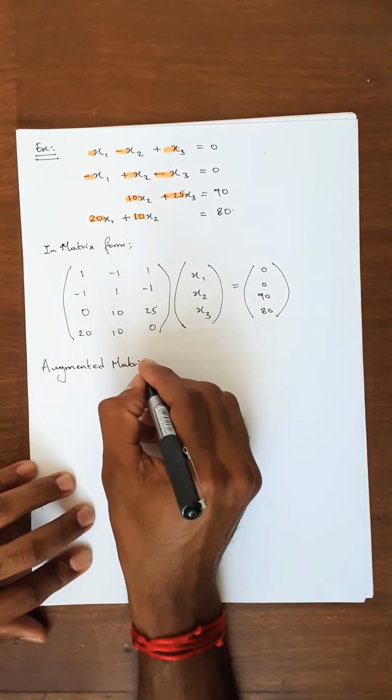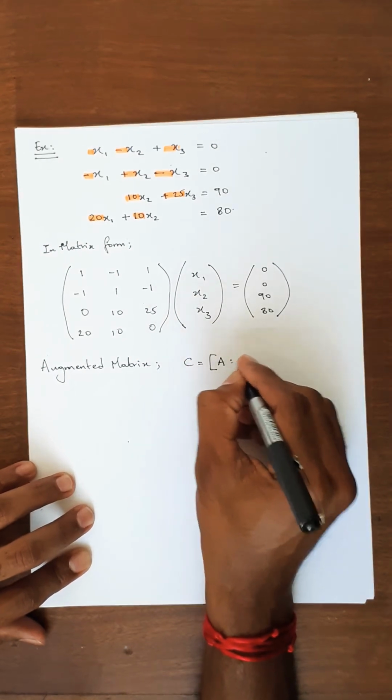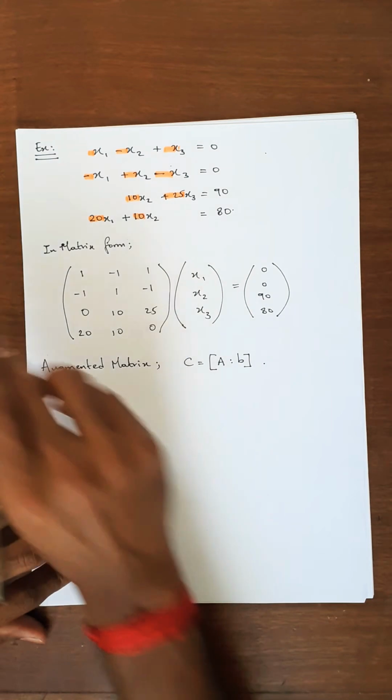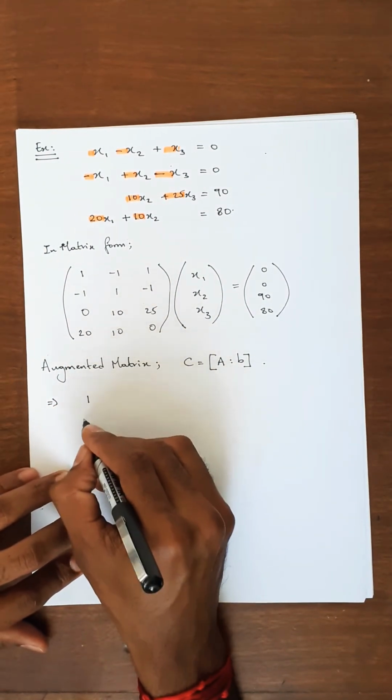So the augmented matrix C, let's say, is going to be the matrix A with B. So meaning that I'm going to have a matrix in this form.